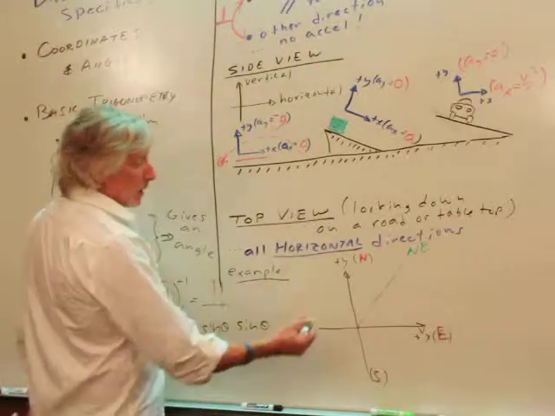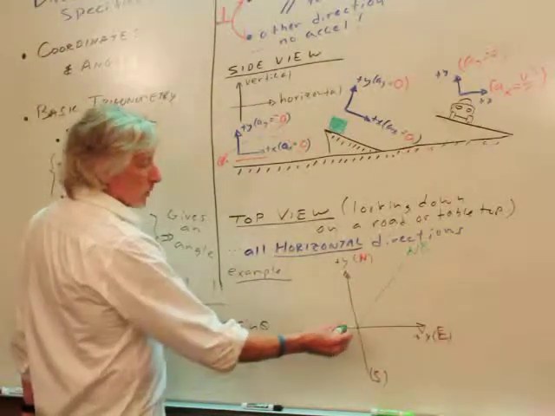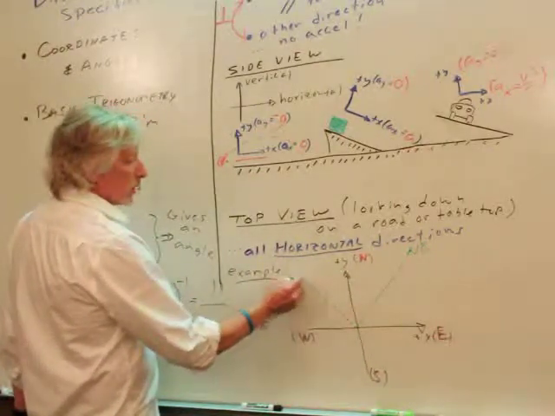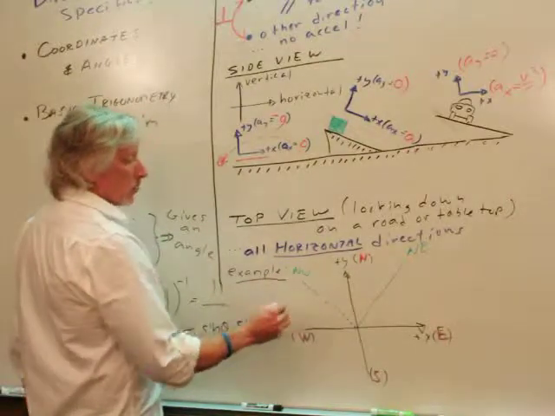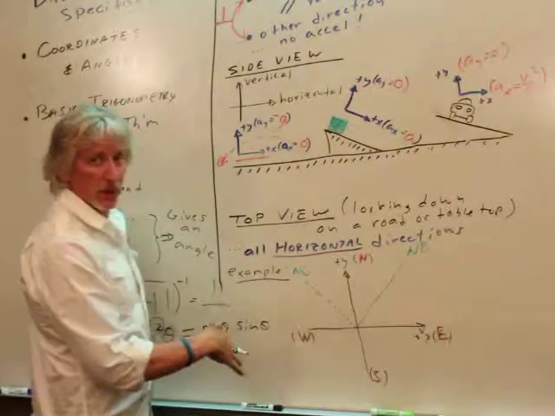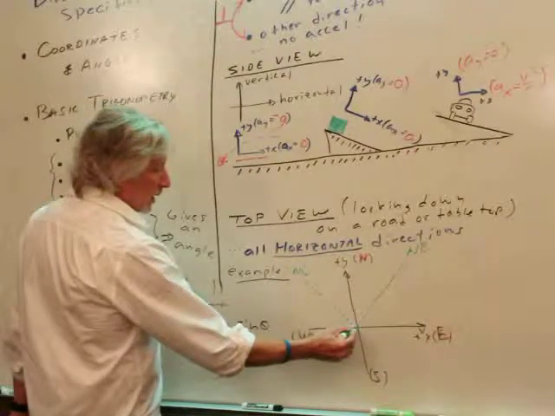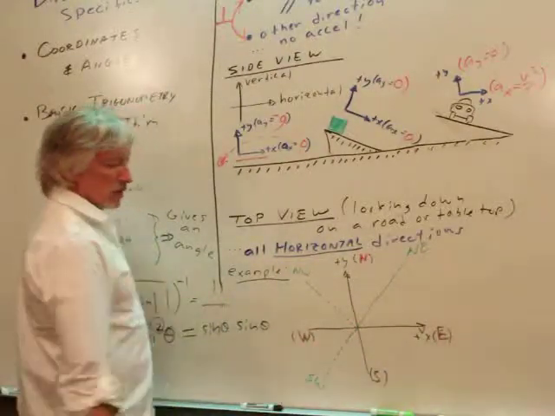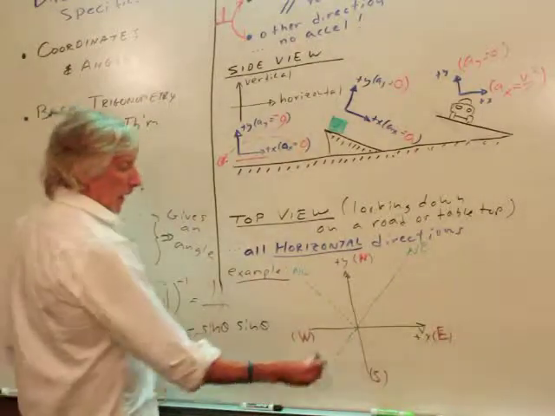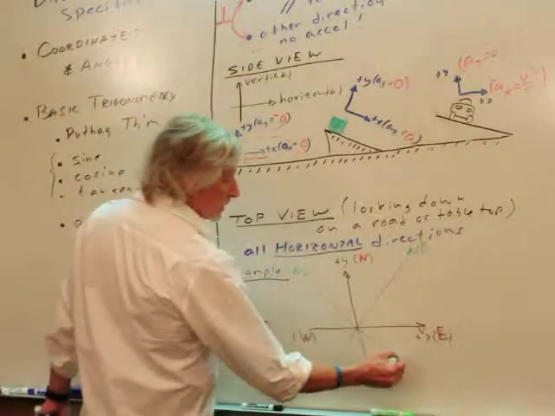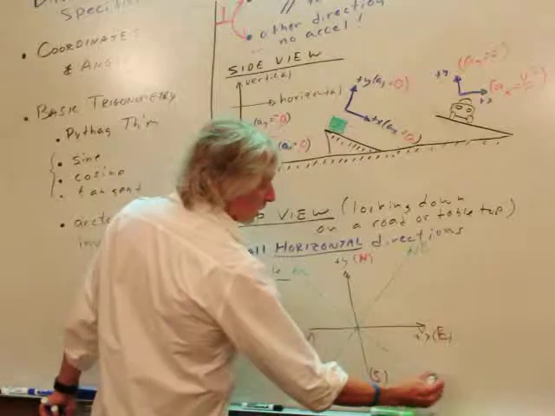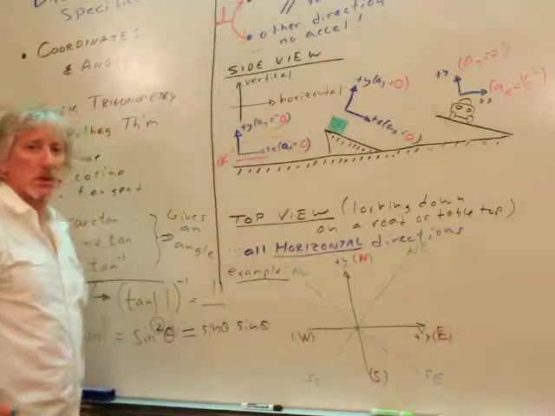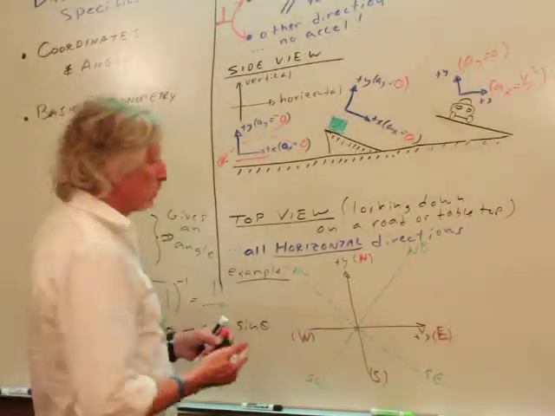Strictly speaking, northwest would be 45 degrees that way. Roughly speaking, somewhere in there. Strictly speaking, southwest is 45 degrees between south and west. And then, of course, this would be what? Southeast, strictly speaking.